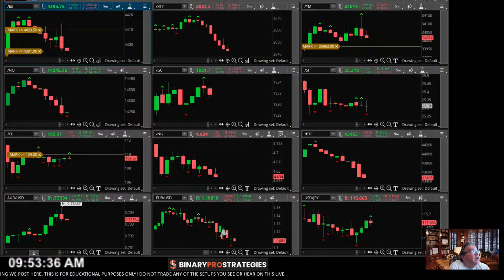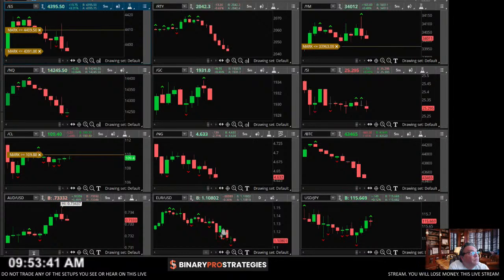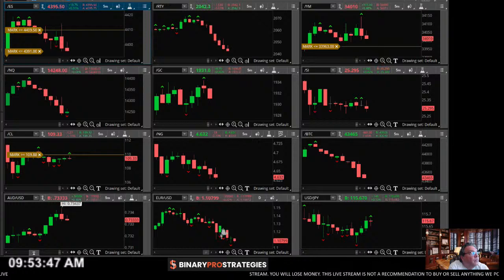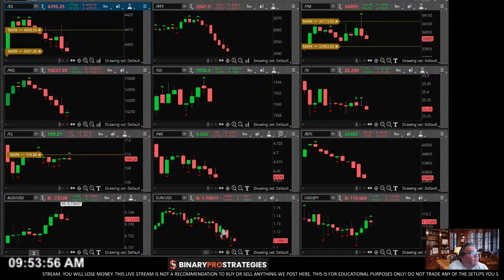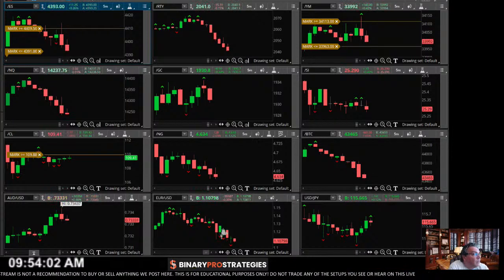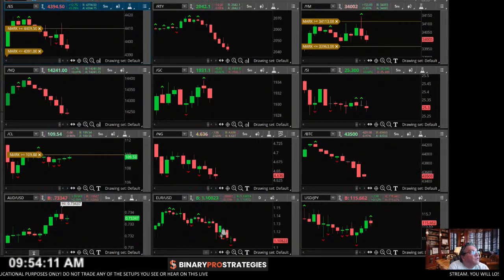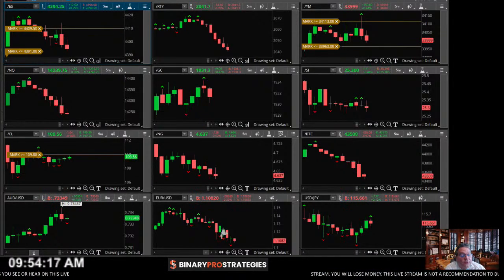Reversal on that's going to be 341.13. Still short ES. Now we are short the YM. ES getting closer to target.